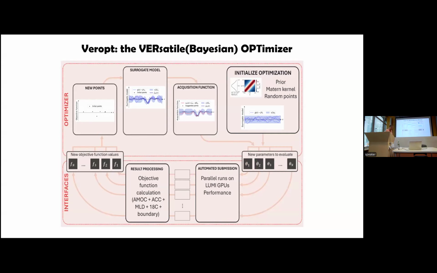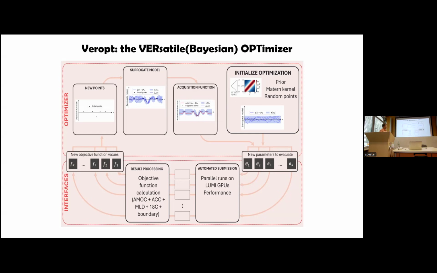Let's start with our Bayesian optimization tool, BEROPT. We all know there are dozens of parameters in our climate models that we cannot fully quantify. And one goal of climate modeling is to optimize them, to have a nice, realistic simulation. What people have been doing recently quite often is called PPE, perturbed parameter ensemble, where we just see what the spread of the solutions can be, assuming there's a spread of possible parameter ranges.